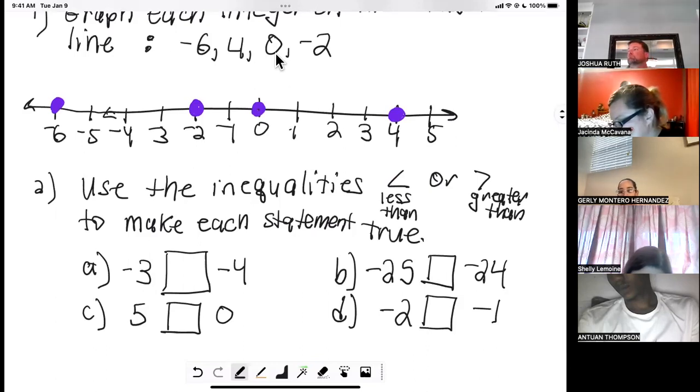So when you do these at first, you can draw yourself a number line if you need a visual. If you don't need a visual, you're good. You can probably answer this by yourself.